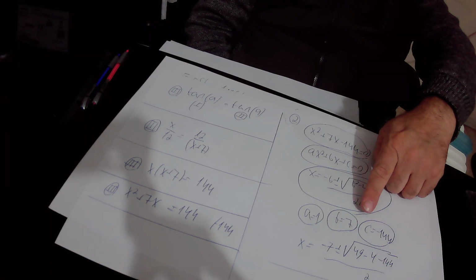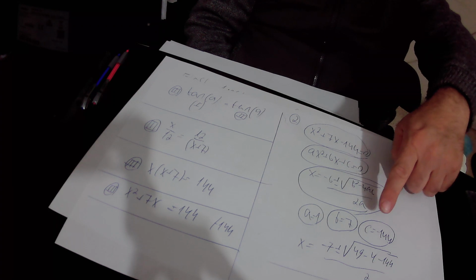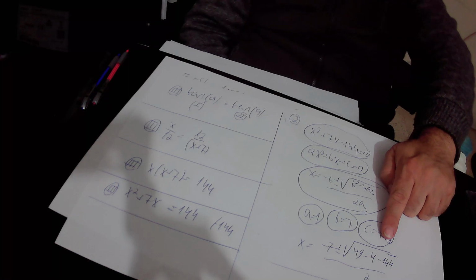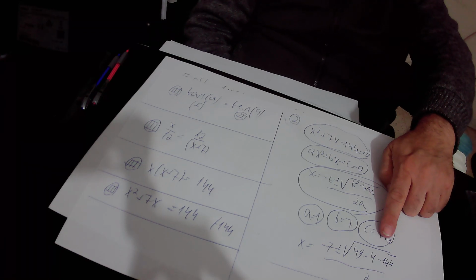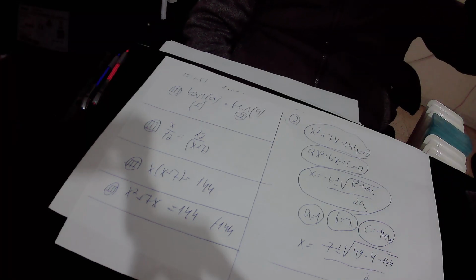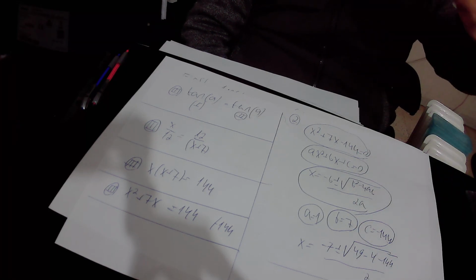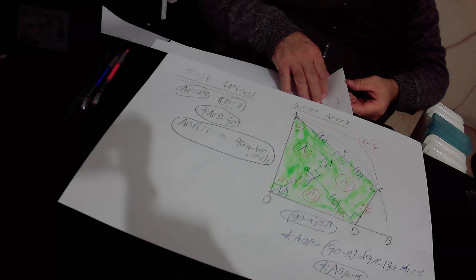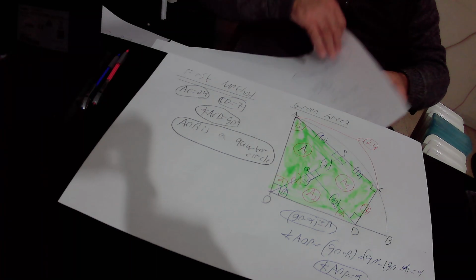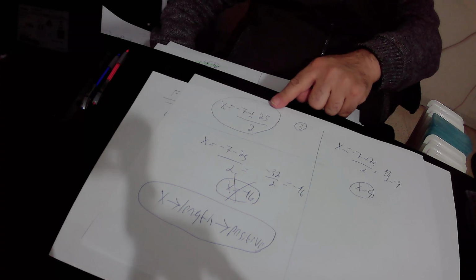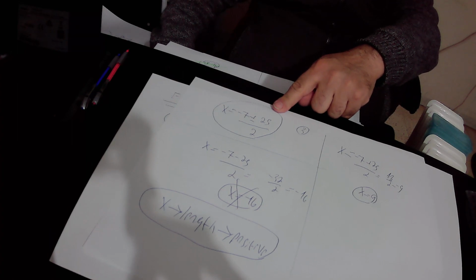So here we have x equals minus 7 plus minus the square root; inside the root, minus 4 times minus 144 is plus 576, plus 49, in total 625. So inside the root we are left only with 625, and the square root of 625 is 25.